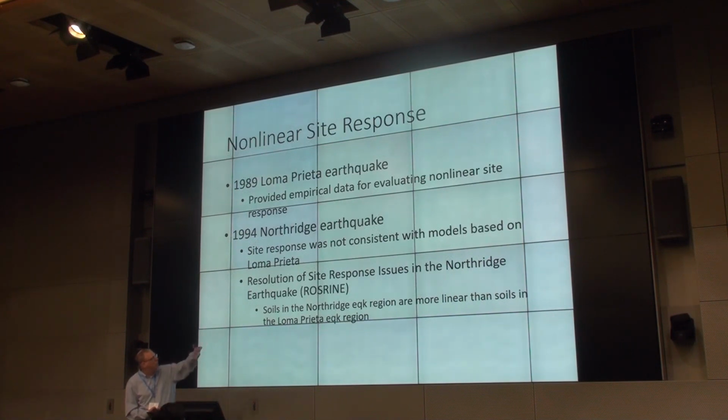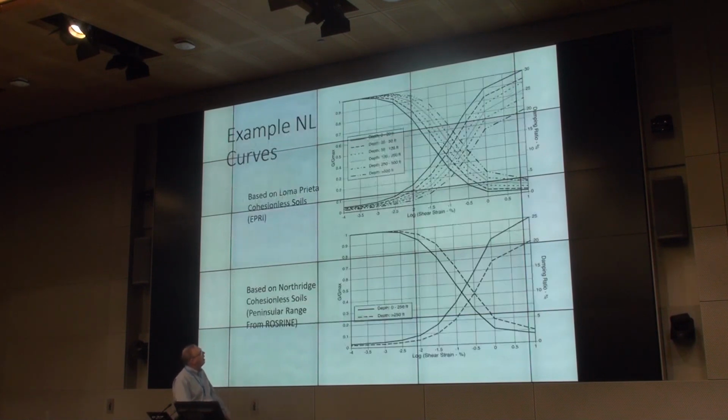And there was a project called Resolution of Site Response Issues in the Northridge Earthquake, so ROSRINE was the acronym, and basically found that the soils in this region were more linear in their behavior than the soils in the Bay Area region from Loma Prieta. So that changed the way we started modeling things.